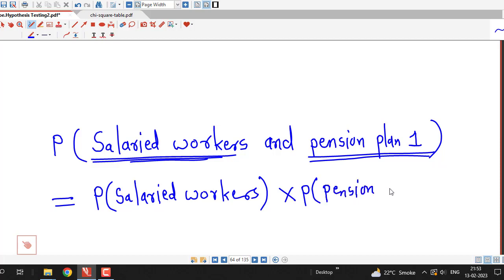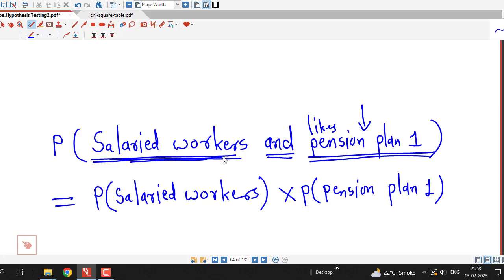So suppose I am interested in the probability of the intersection of these two events. One event we consider is that the worker is a salaried worker, another event is that the worker likes pension plan number 1.